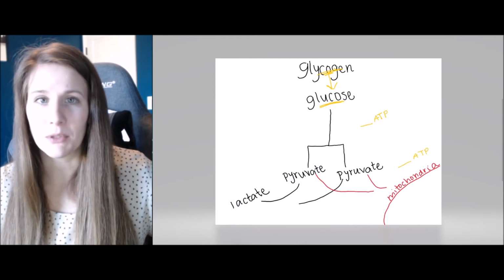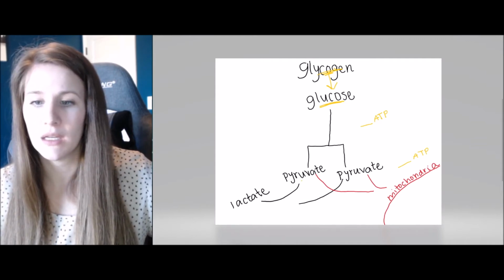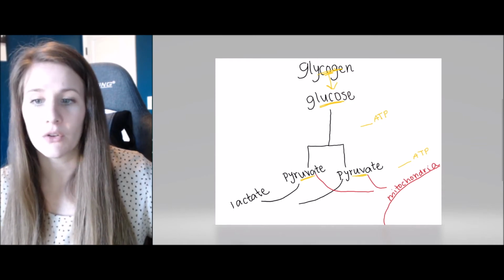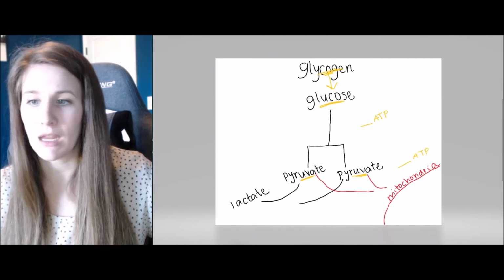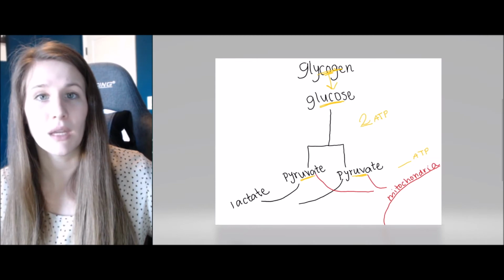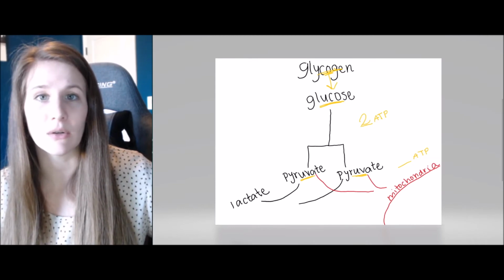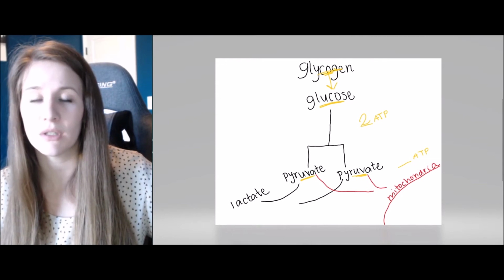And glucose is simply broken down into two molecules of pyruvate. When glucose is broken down into pyruvate, our net or total ATP that we are going to gain is 2. So again, glycolysis, we start with glucose. It's going to be broken down into 2 pyruvate molecules.